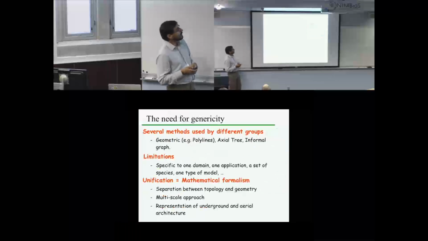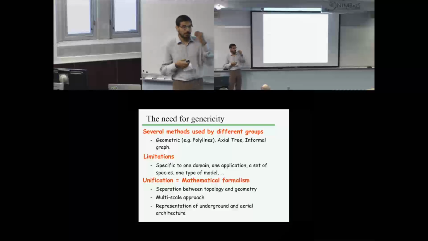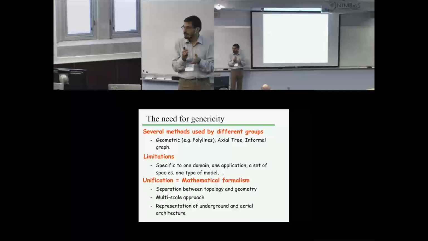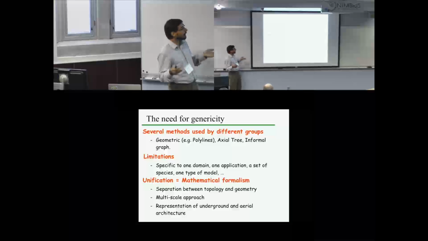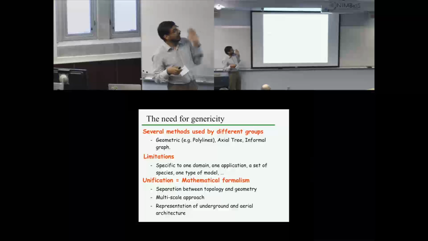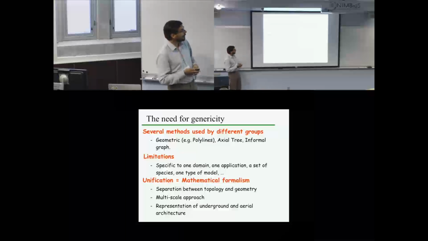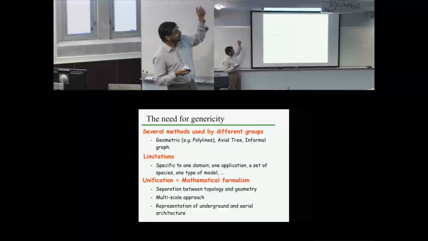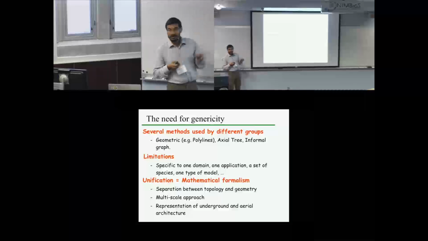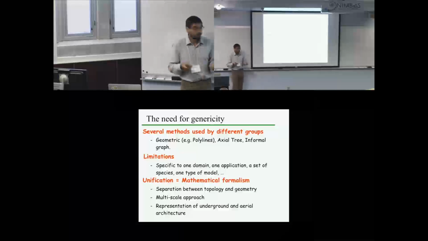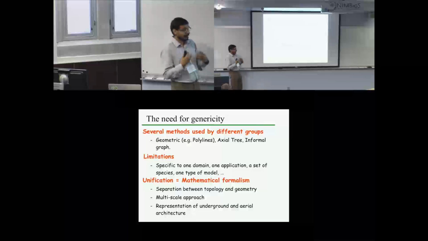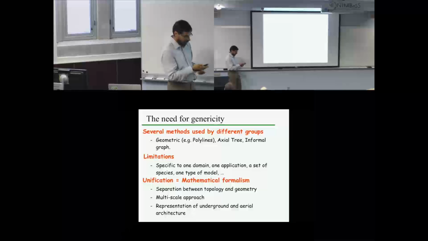And there is a need for genericity, because depending on the applications, people will choose a specific formalism. That is, I can represent my plant as a skeleton, as a set of polylines, or as a tree, or my own representation of a graph. But due to that, it's difficult when you acquire data to share this data with other groups and to use these data sets for different applications, for different types of models or different species.